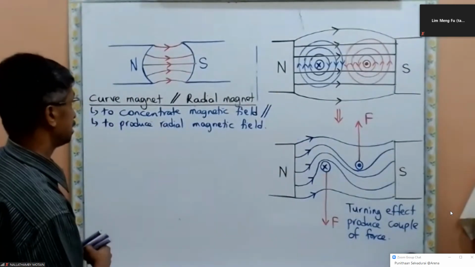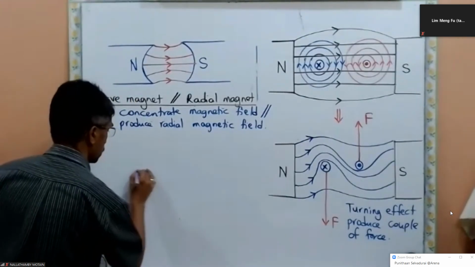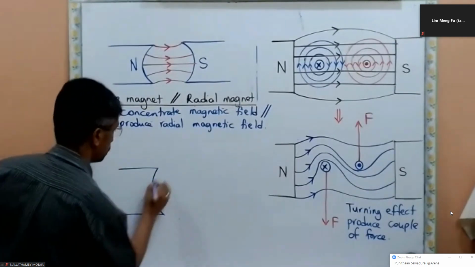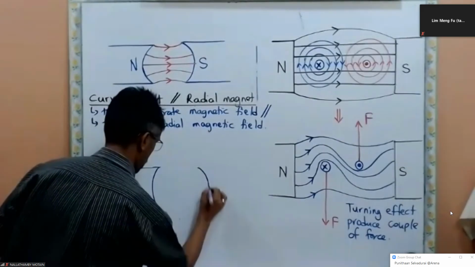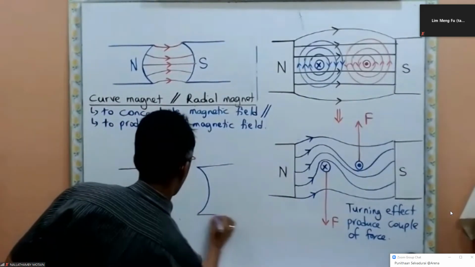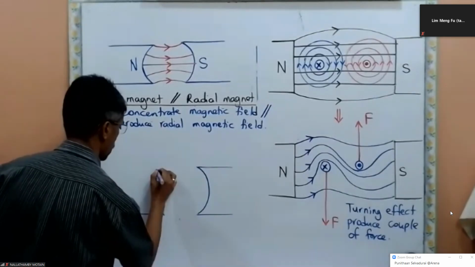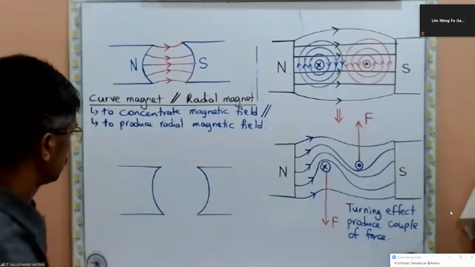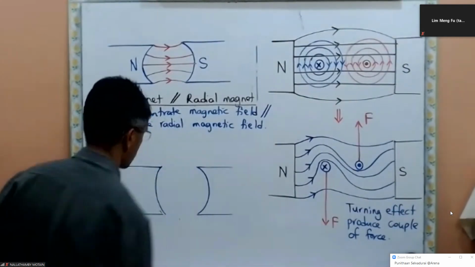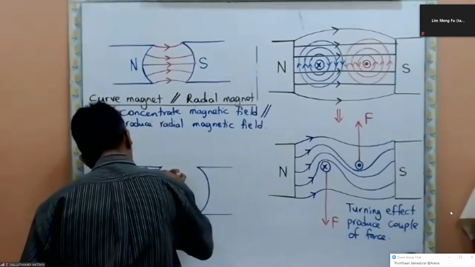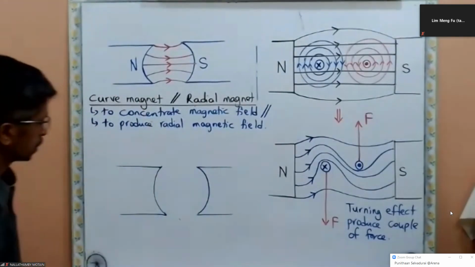Okay. So now, let's say in between, this is a front view. This is a curved magnet.